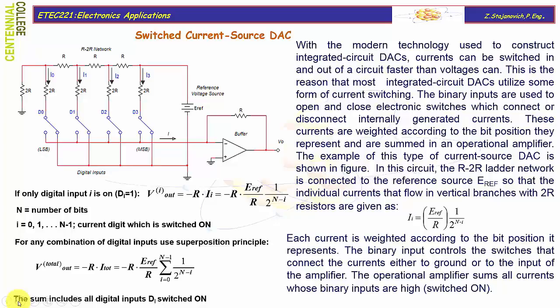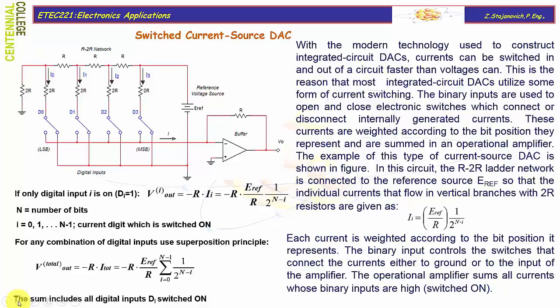An example of this type of current source DAC is shown in the figure to the left. In this circuit, the R2R ladder network is connected to the reference source E-ref so that the individual currents that flow in vertical branches with 2R resistors are given as I_i equals E-ref over R, times 1 over 2 to the power n minus i.